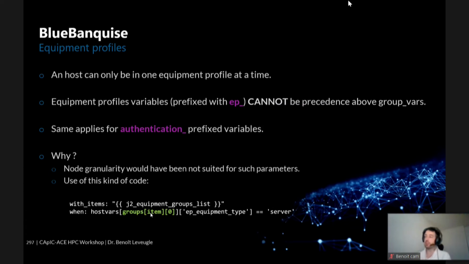So here we ask for the variables of the first host of a group to grab the equipment profile variables for some roles. But because we do that, if you take precedence of EP variables above group_vars, you will not be 100% sure how the stack will work after that. So you have to be careful. It's kind of a limitation, okay?